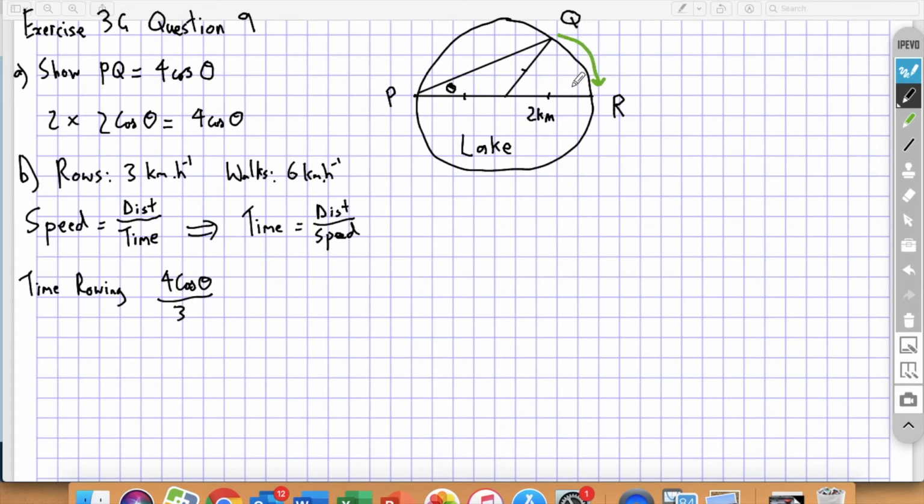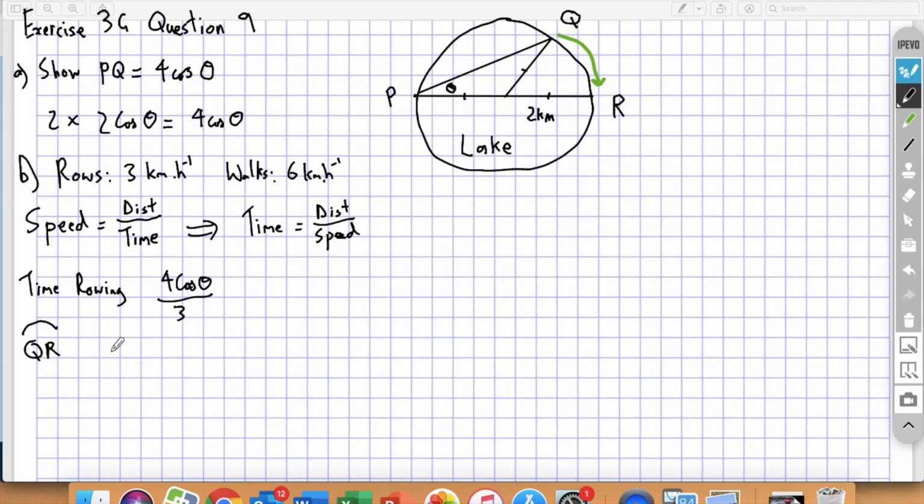Okay? I need to think about this as a slice out of my circle. So that QR distance, Q across to R, and that sort of curved journey, would be a slice of circle.